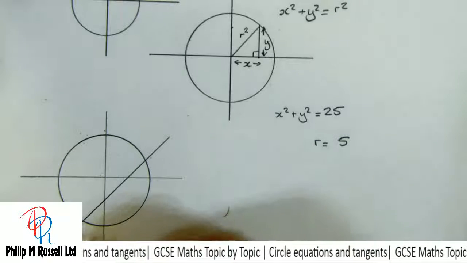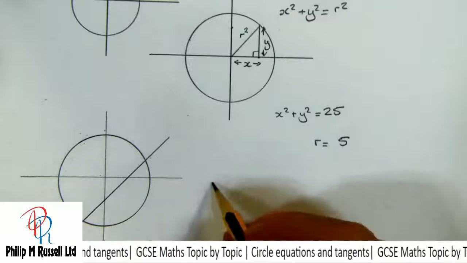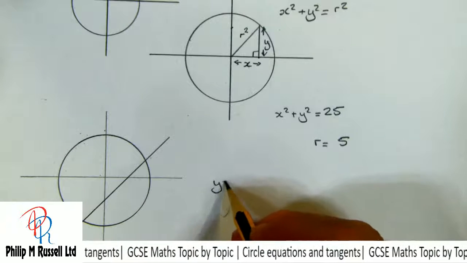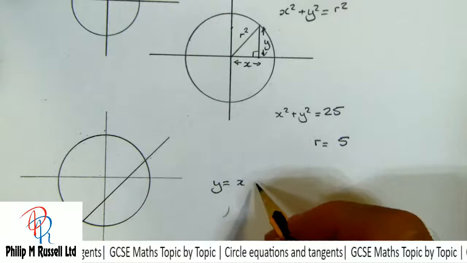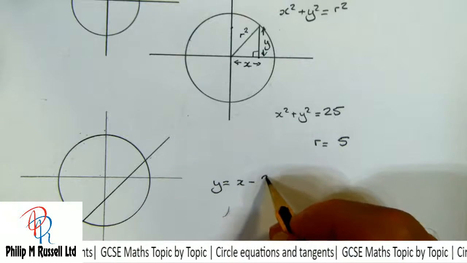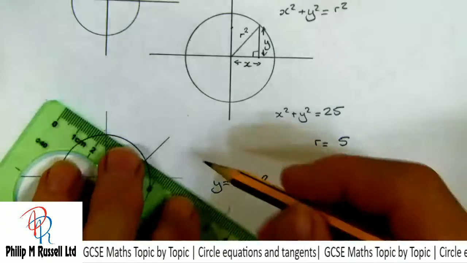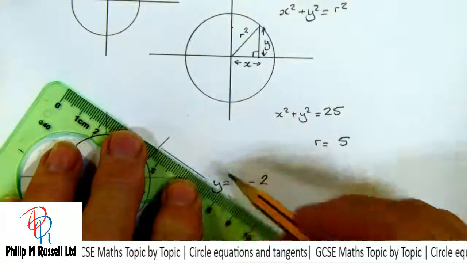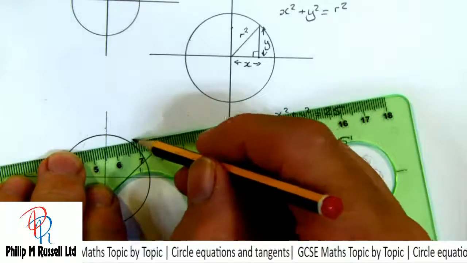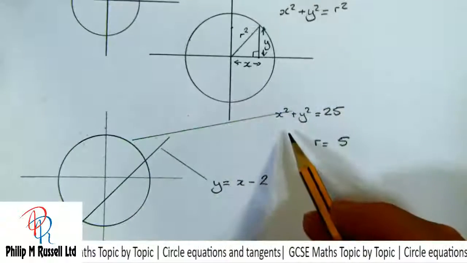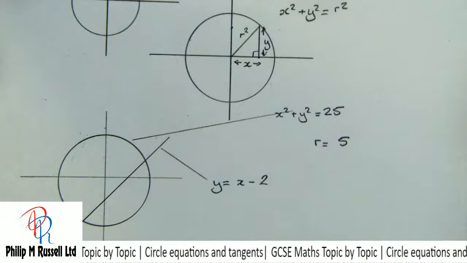Let's suppose this is a line, so this is going to be the line y equals x minus 2. I'm just making a line up, and we've already decided that our circle could be x squared plus y squared equals 25.